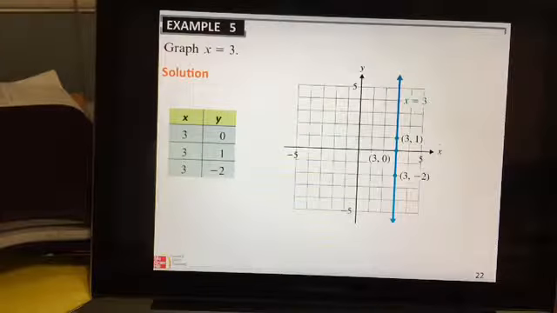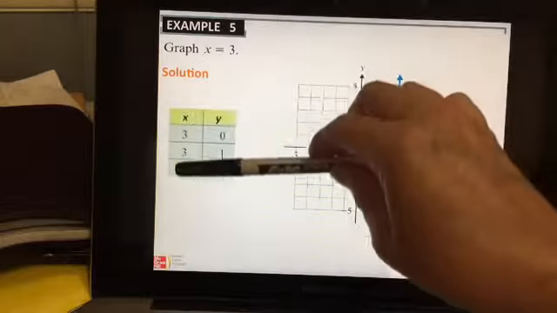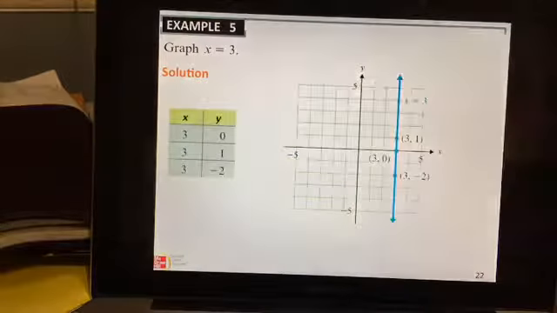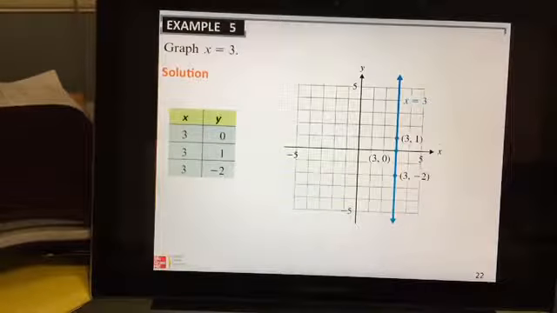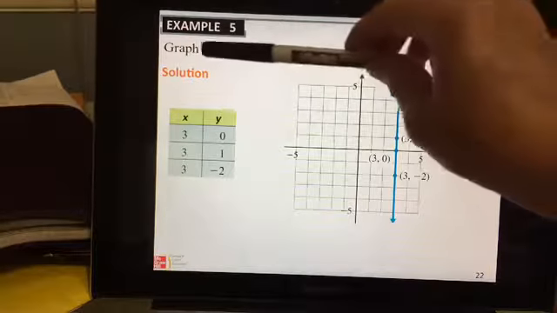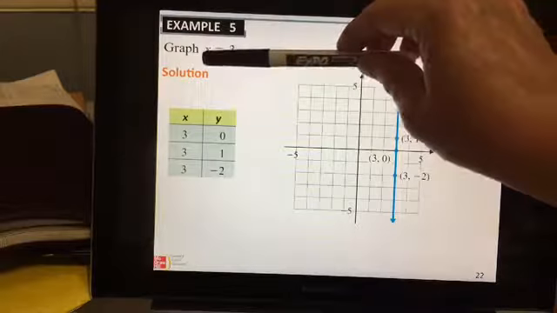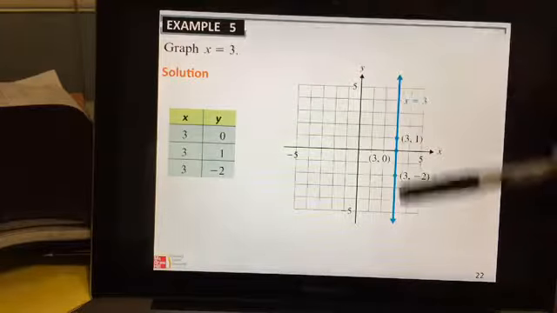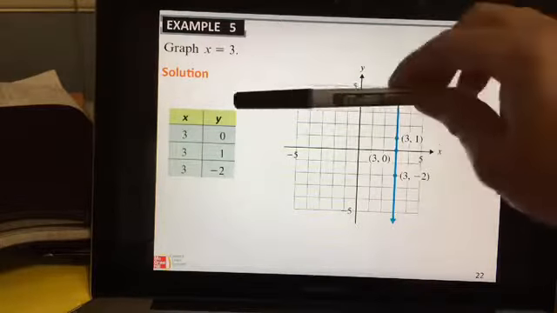Okay, so here we have the graph of the line x is equal to 3. And I actually had to do this when I was a much younger mathematician because I'm a little bit dyslexic, and I could not remember whether an x line went up and down or left and right.